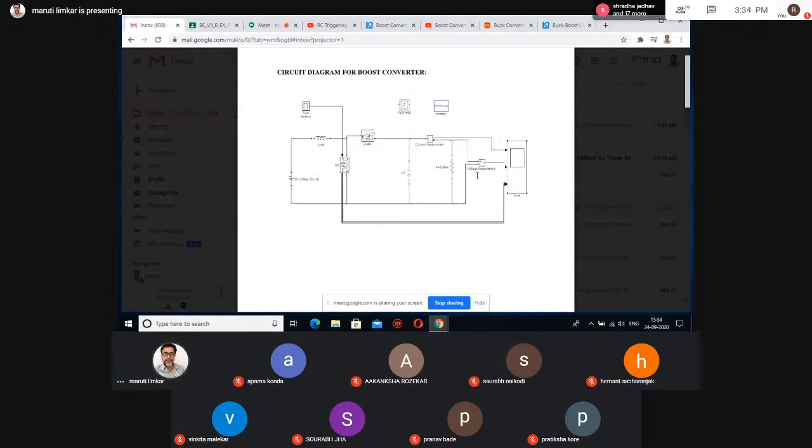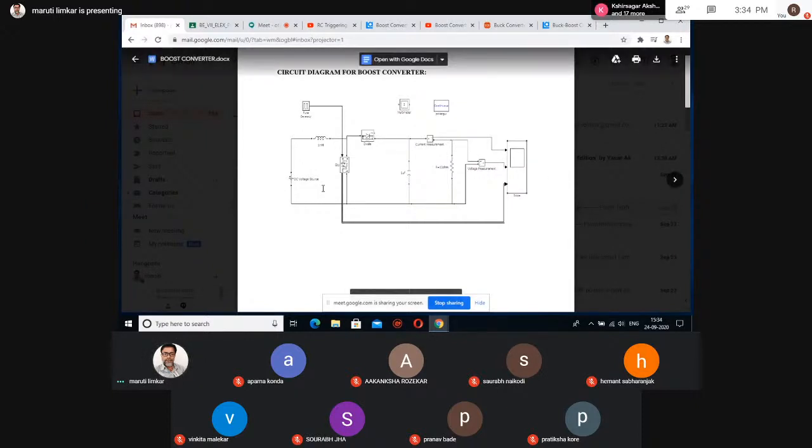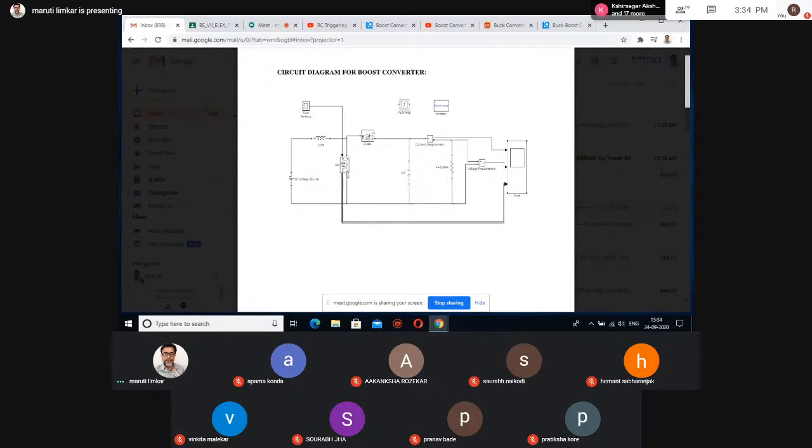And what do we have to do? All these will be observed on the CRO. So from the library, you have to take the CRO, and from the properties of the CRO, set how many inputs there are. One is the gate pulses, second is the voltage measurement, the load voltage, and third is the load current.